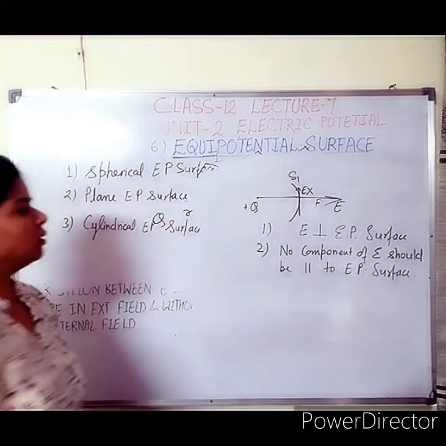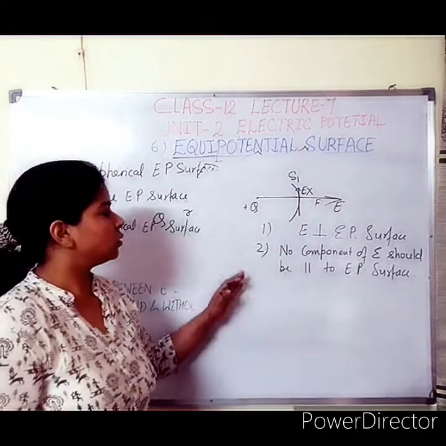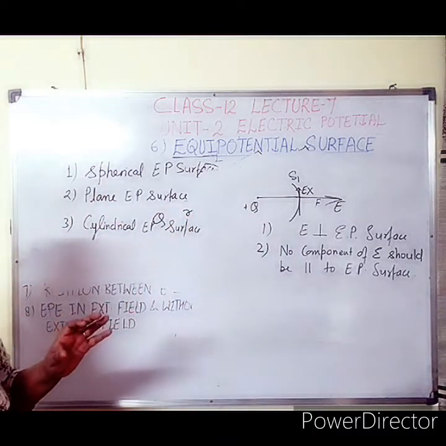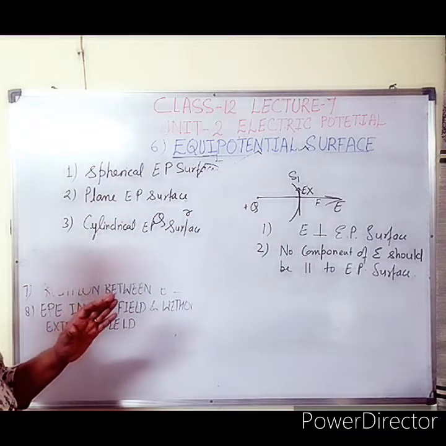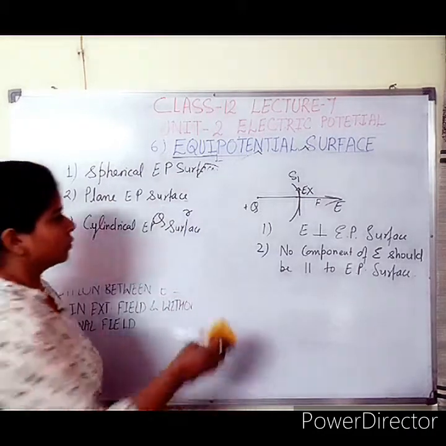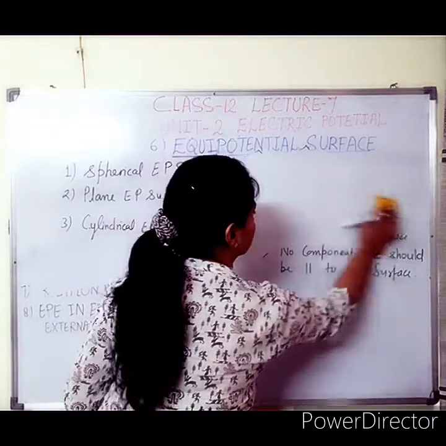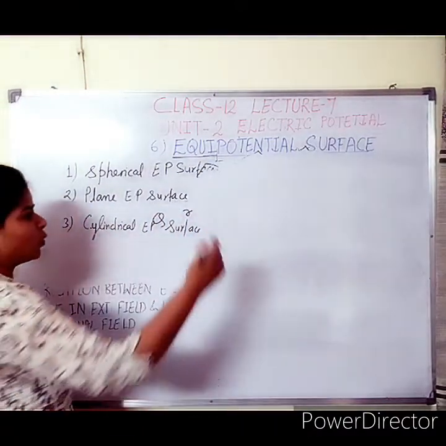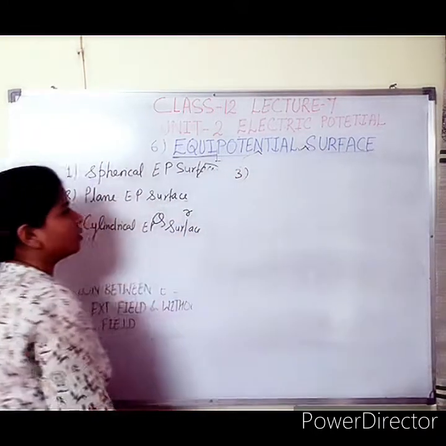Remember this thing. So these are the 2 very important points regarding the electric field and equipotential surface. So remember these points and note them. Two points, one more point I just recall.